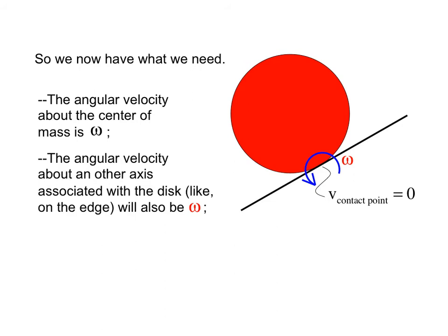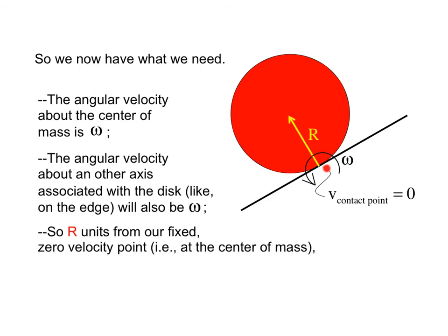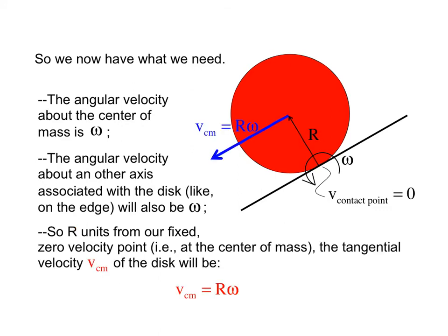From our fixed point, we go r units up to where the center of mass is. And when we get there, we know that the instantaneous tangential velocity of that point is going to end up equaling r omega. Hence, the velocity of the center of mass equals r omega.